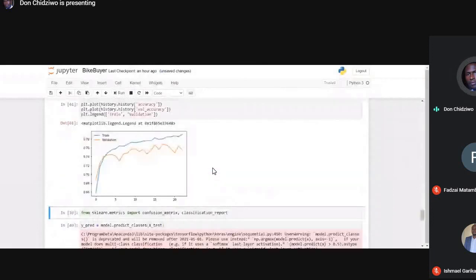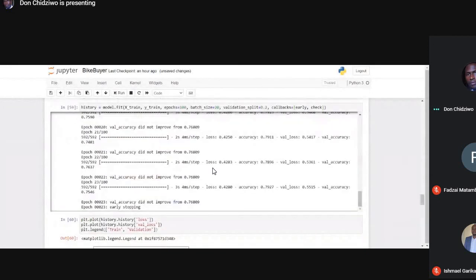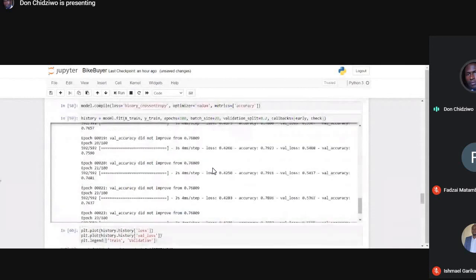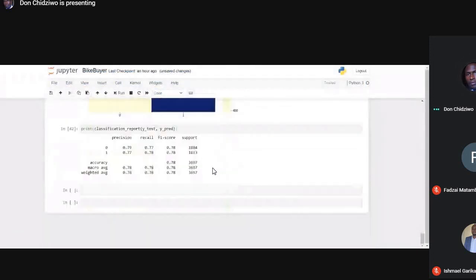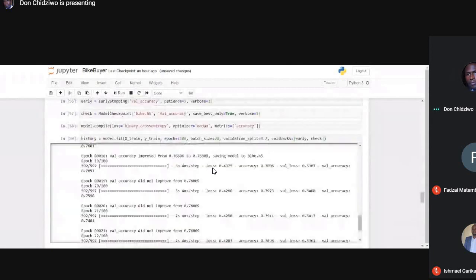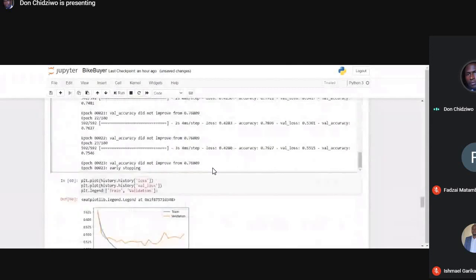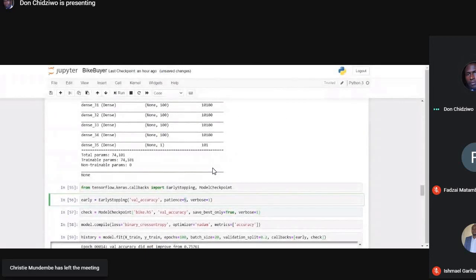This avoids the issue of our validation and train diverging, and it tries to leave us with the best model. The patience argument in early stopping is how many epochs it waits without improvement. You can place it as 10 etc. It depends on how many epochs you'll be running.